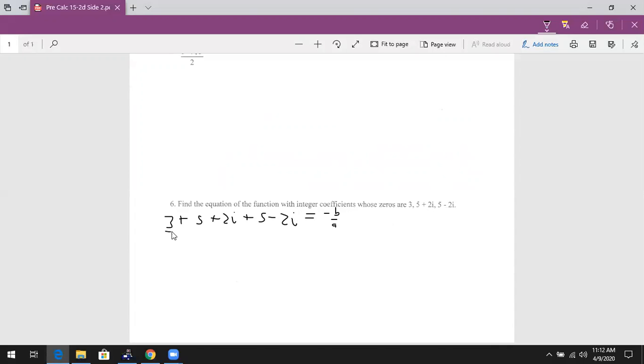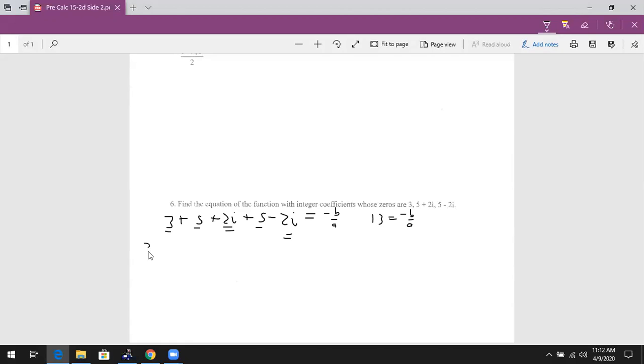Now, combining like terms, 5 and 5 is 10 and 3 is 13. And notice 2i minus 2i cancel. So 13 is negative b over a.